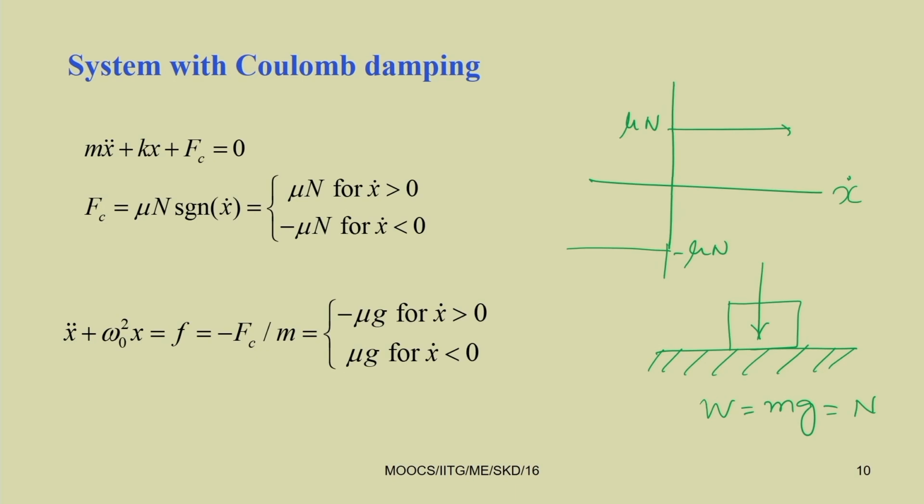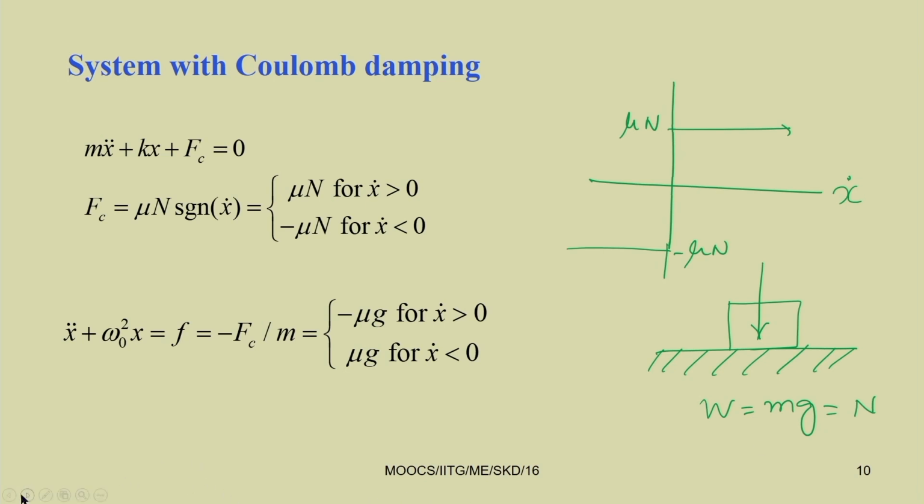So, by dividing by m, the equation reduces to x double dot plus omega 0 square x equal to f. F is nothing but minus Fc by m. By substituting n equal to mg, m will cancel and this will be equal to minus mu g for x dot greater than 0 and mu g for x dot less than or equal to 0.